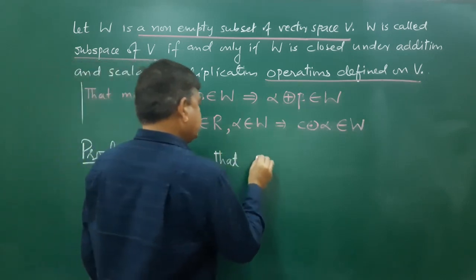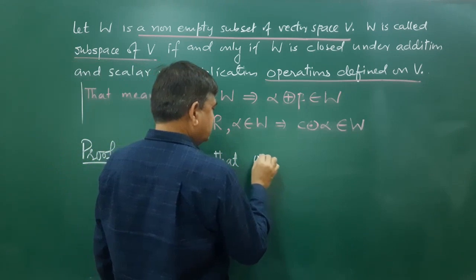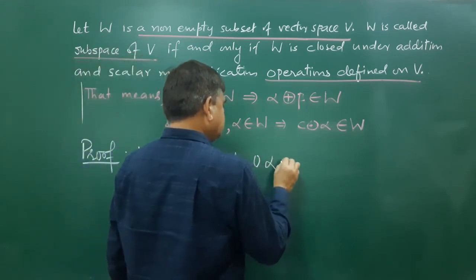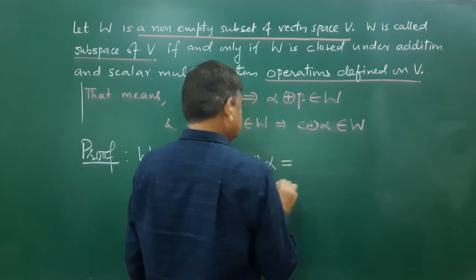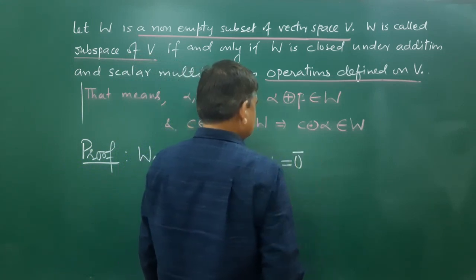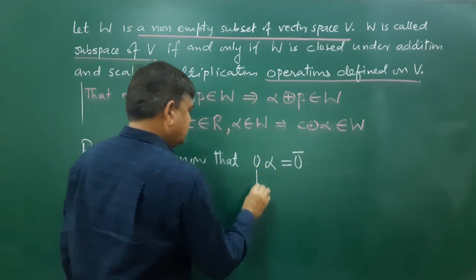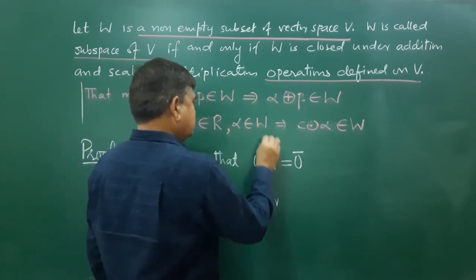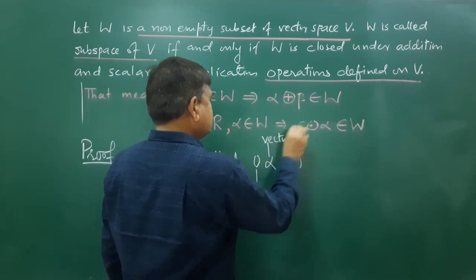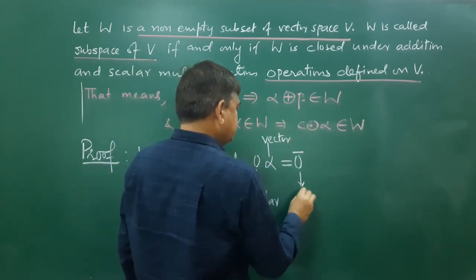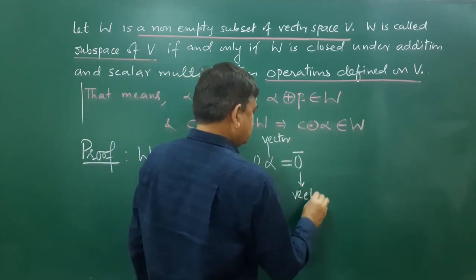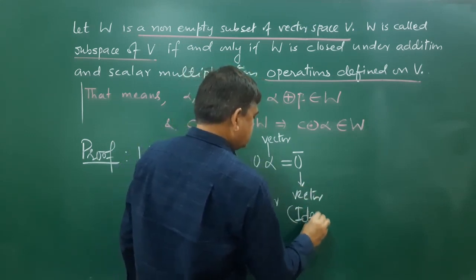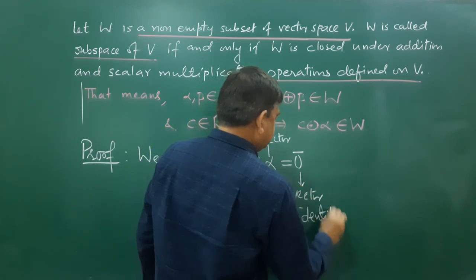We know that we have already proved this is a scalar, this is a vector, this is also a vector, and this is the identity.